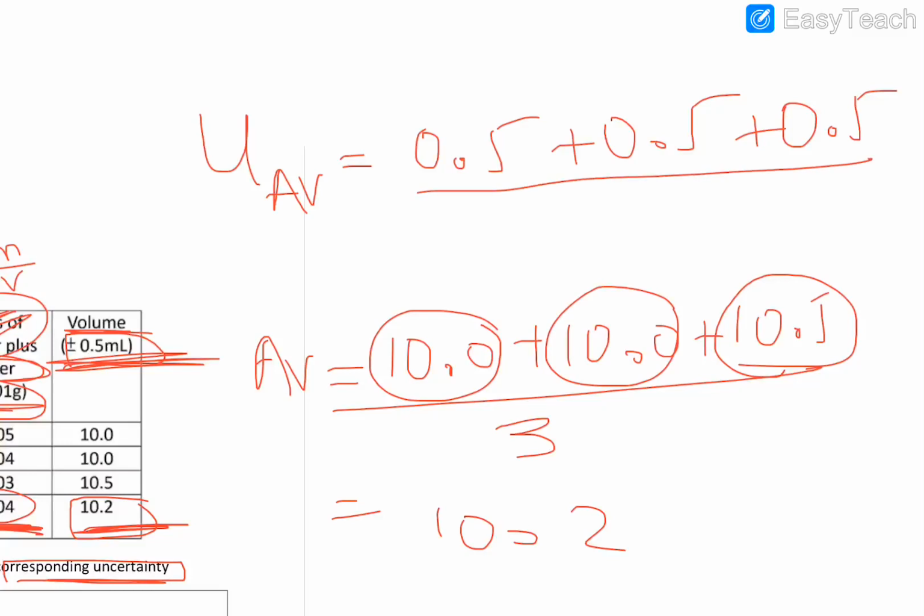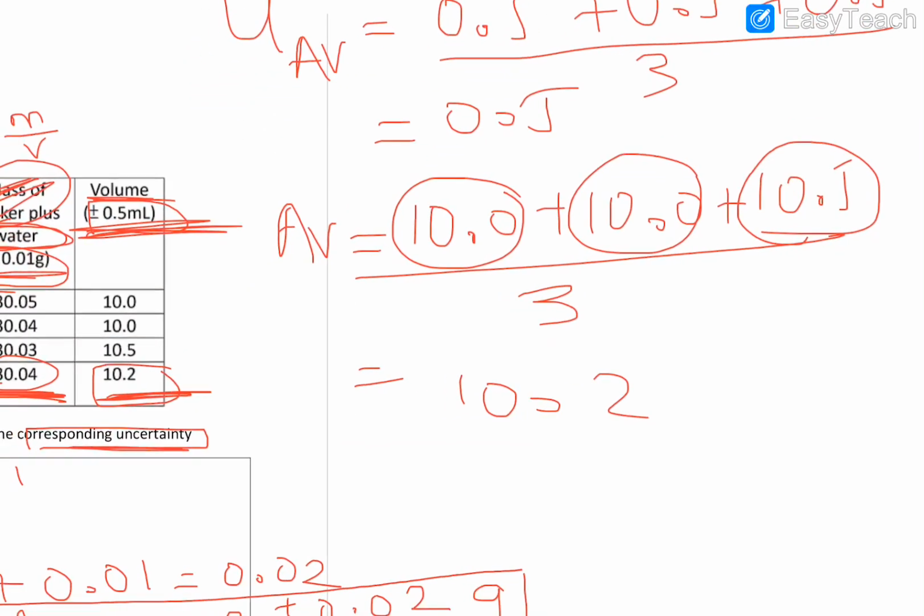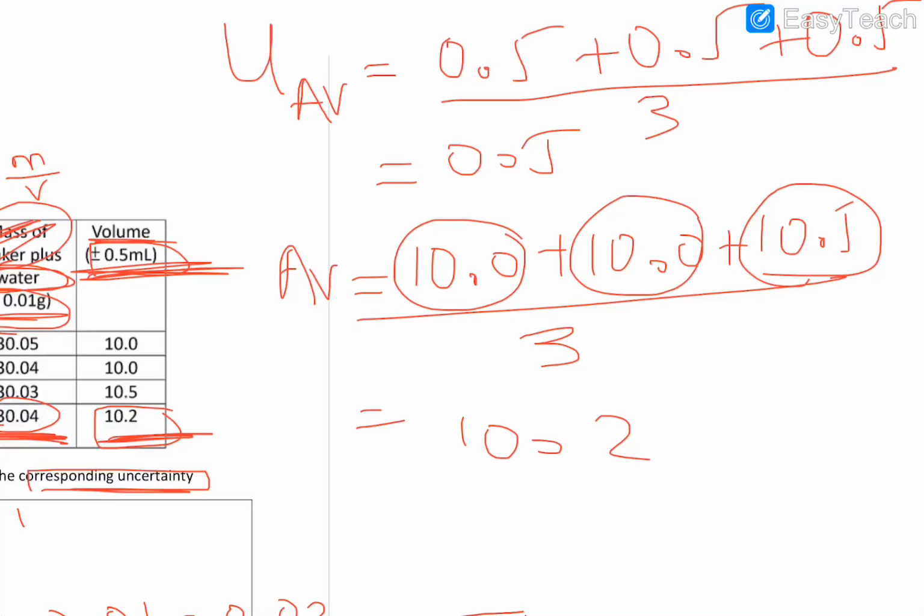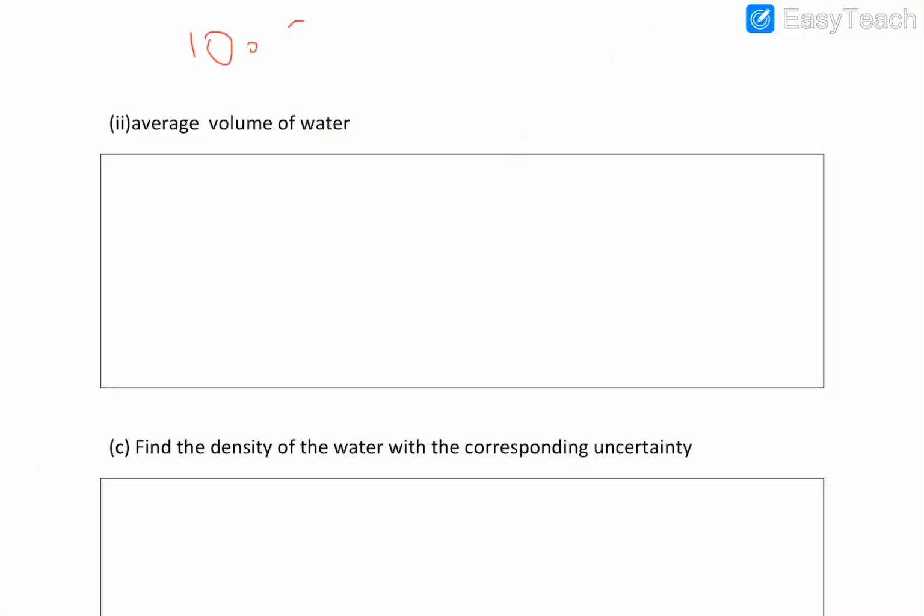But it's an average, so I will divide it by 3, so I will get 0.5. So whenever you're doing any average, the uncertainty is still going to be the same as the individual uncertainty of the values used. So then volume of water, I can quote it as 10.2 plus minus 0.5.